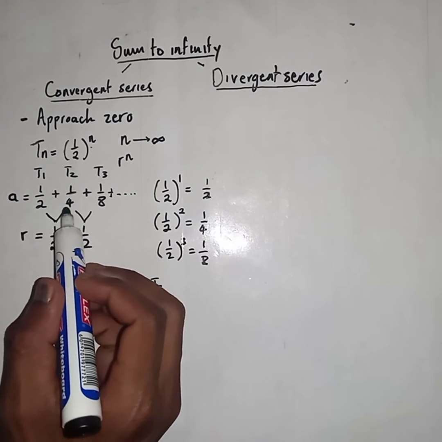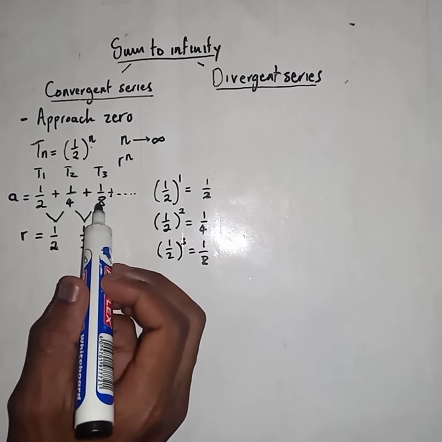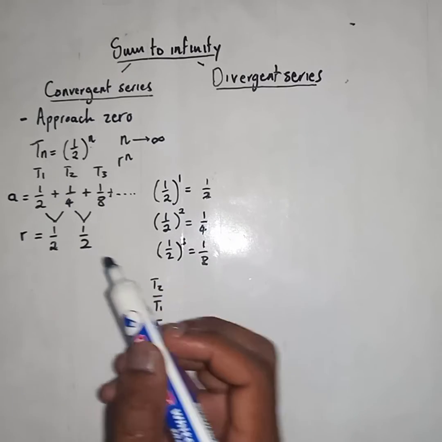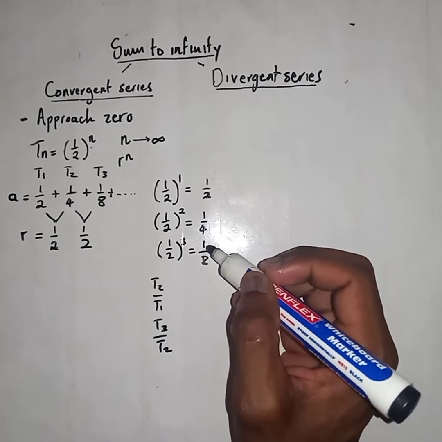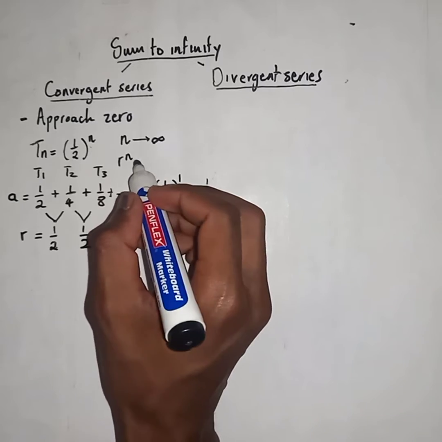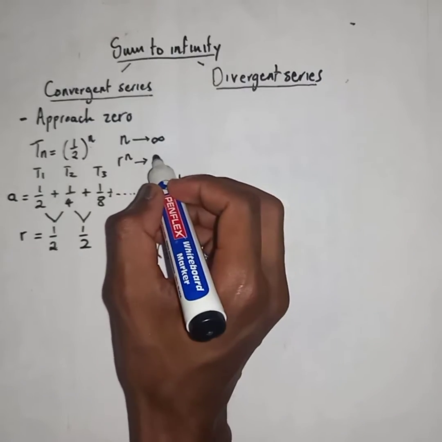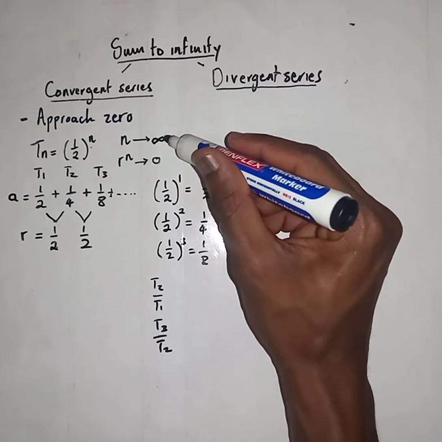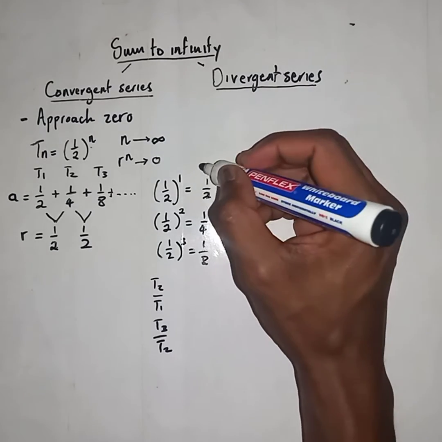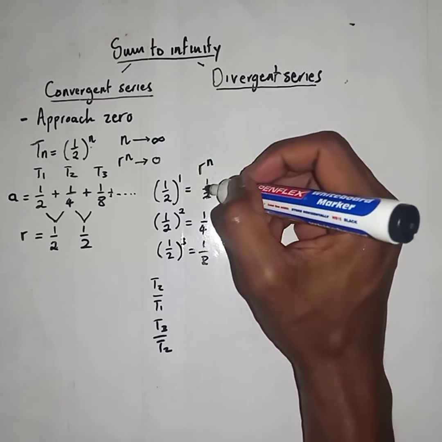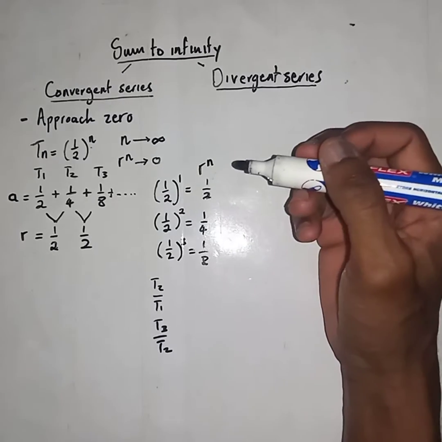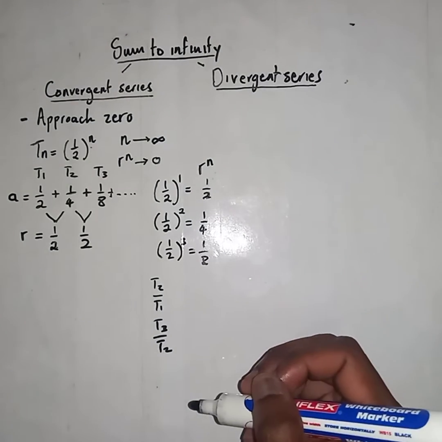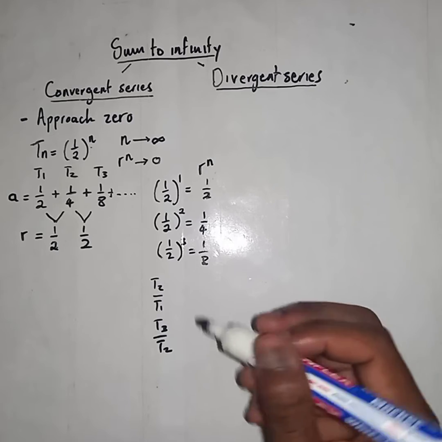If we were to continue like that, those values each and every time decrease. In a way, they tend to approach 0. The more we increase the value of n, the more this Rn approaches 0.